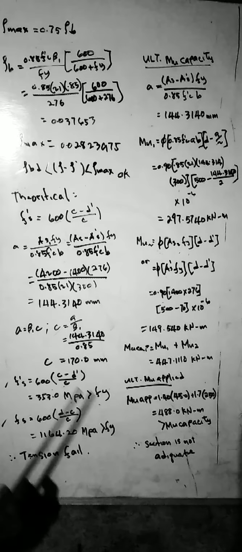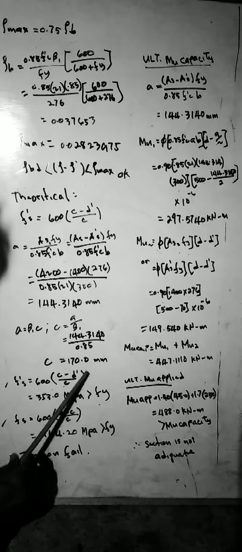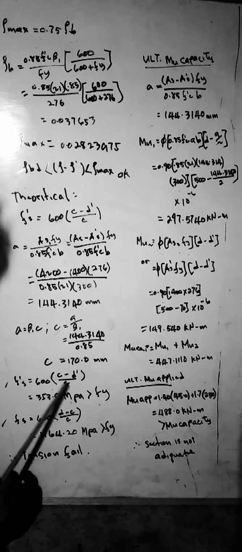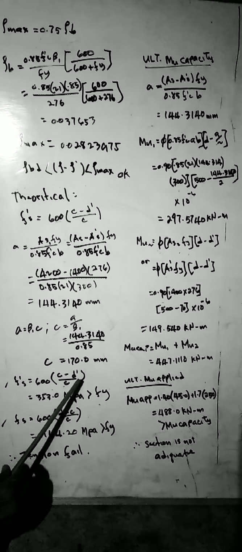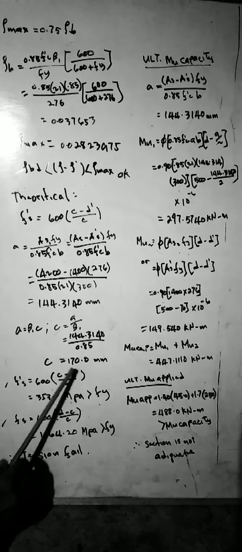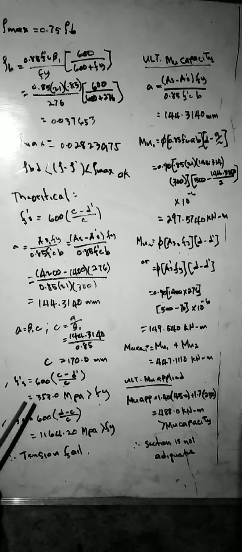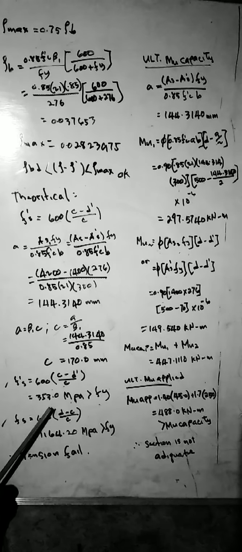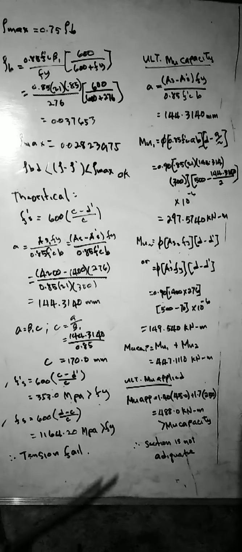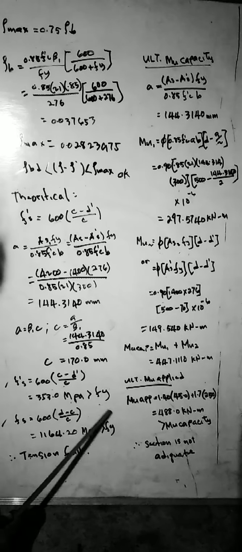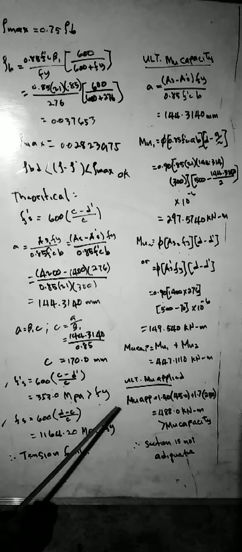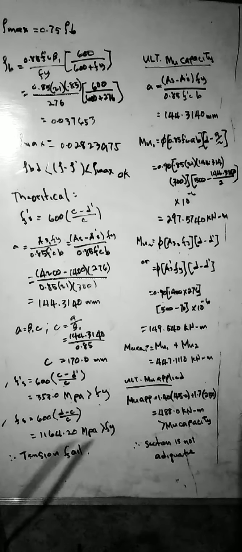We substitute the value of 170 here for the c, and d' is 70, and it will give us 353.0 megapascal, which is greater than f_y. Okay, that is okay.